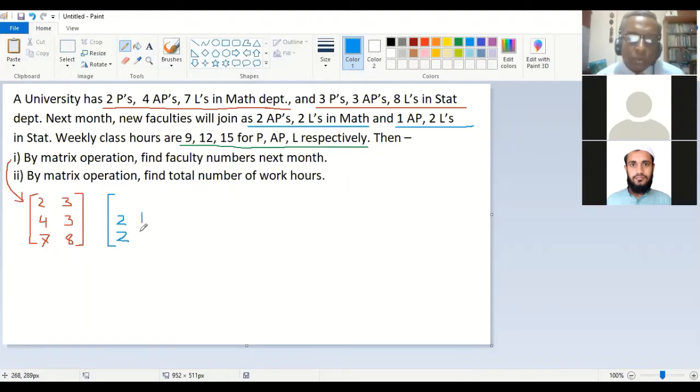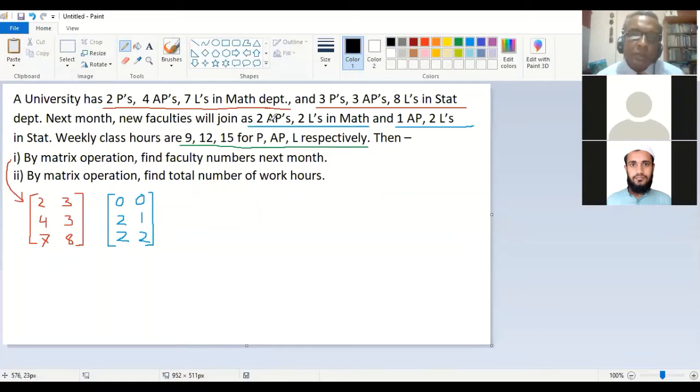If you just make the matrix like this, it will not be possible to add, because in this case there are 2 rows and 2 columns. So it's not possible. You understand? There is another row for professor, and in the next month no professor will join, so you fill up the position with 0. You write 0 professors in the math department, 0 professors in the stat department. Now these two matrices have the same structure and it is possible to add.